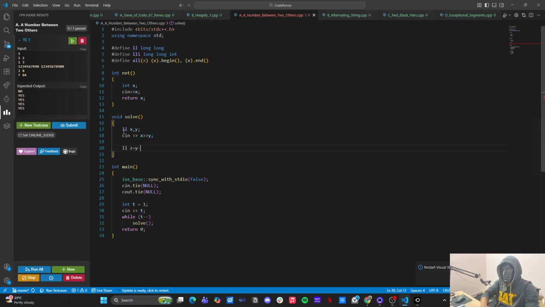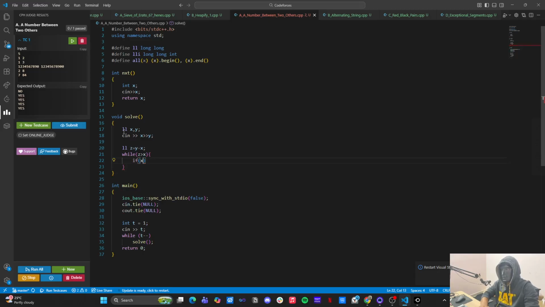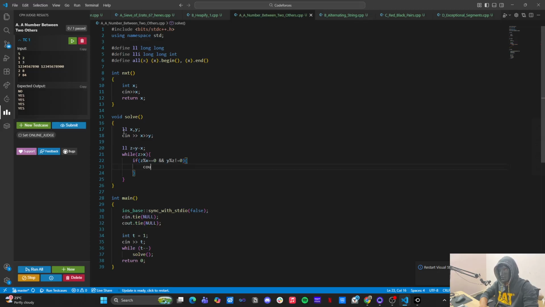I'll take z as y minus x, and I'll check if this z is greater than x. I'll have to check the conditions: if z modulo x equals 0 and y modulo z is not equal to 0. If this condition is holding, which means all three conditions are satisfied, we'll have to print yes and just return.